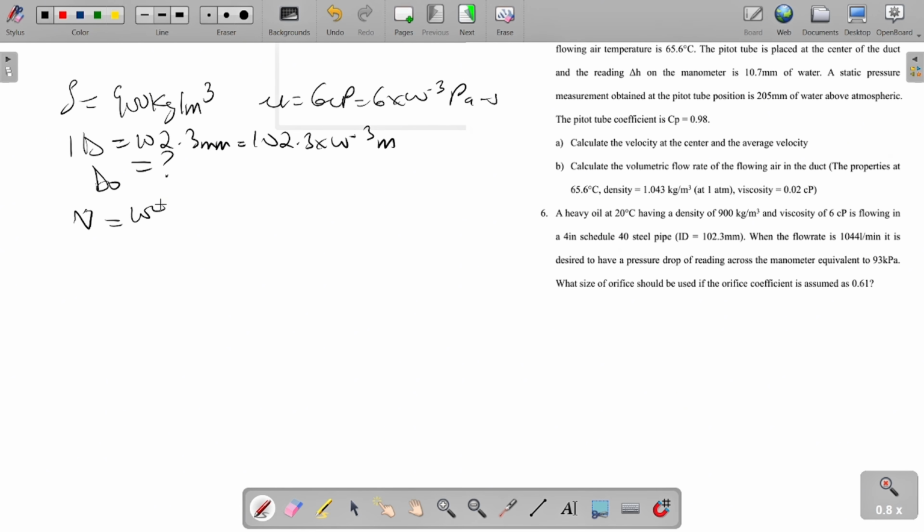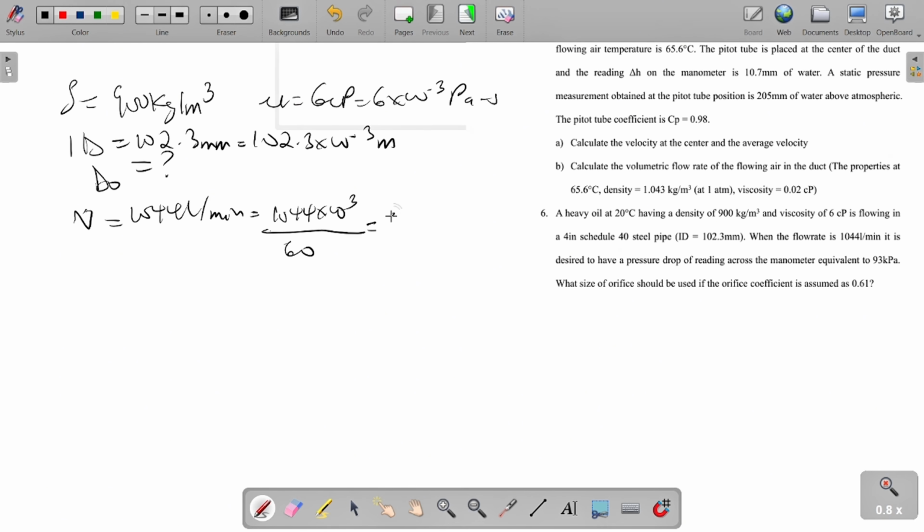So the volumetric flow rate is 1044 liters per minute, which by conversion to meters cubed per second is 1044 multiplied by 10 to the power minus 3, because 1 meter cube is 1000 liters, then over 60 since I'm converting minutes to seconds.